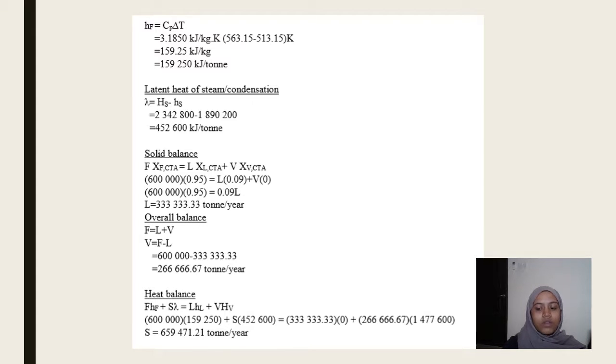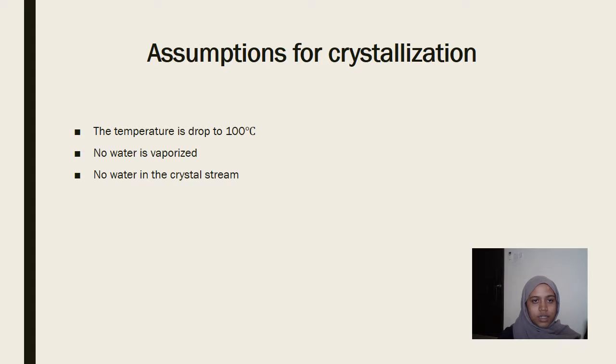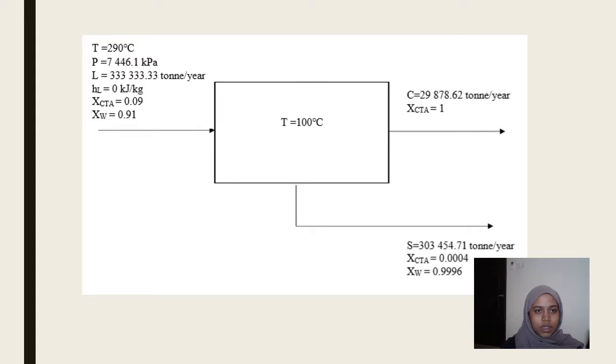So for the crystallization, this is the assumption: the temperature is dropped to 100 degrees Celsius, no water is vaporized, and no water in the crystal stream. So this is the diagram for the crystallization.